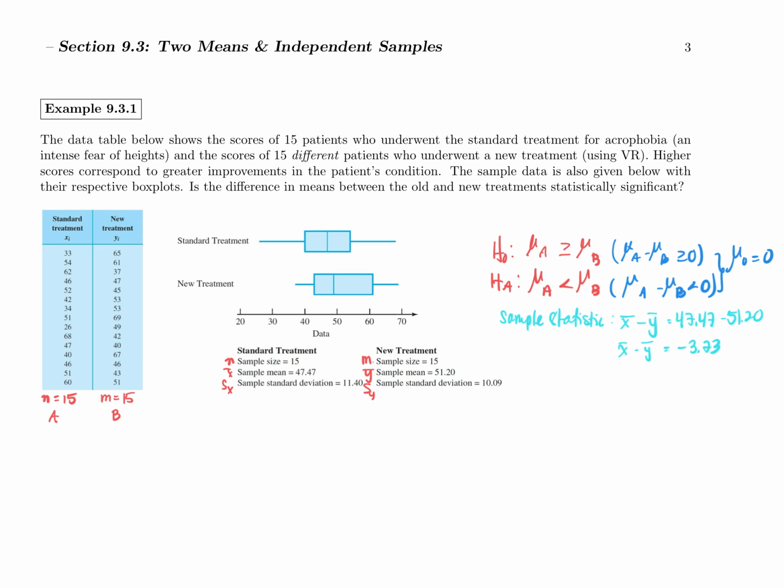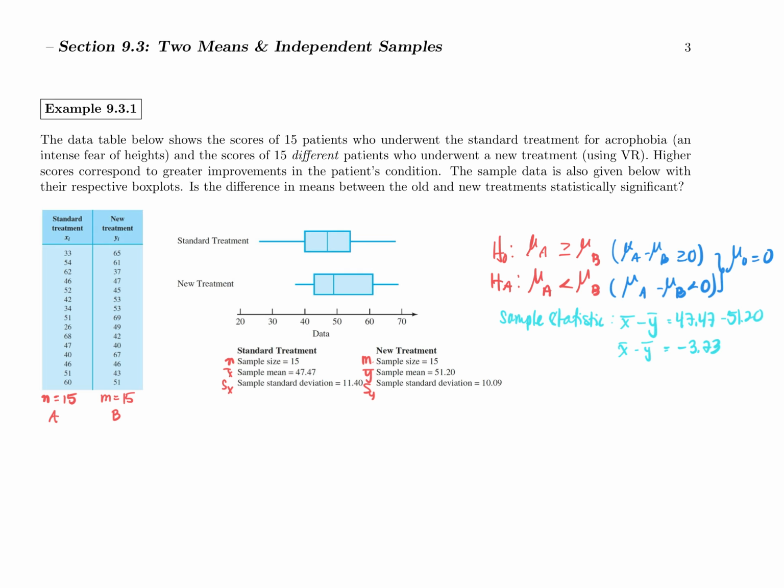We would know that something had gone awry if, when we theorized our alternative, we said mu A was less than mu B, but when we did x bar A minus x bar B, we got a positive. Then why are we theorizing that maybe it's negative if we really get a positive for our sample statistic?